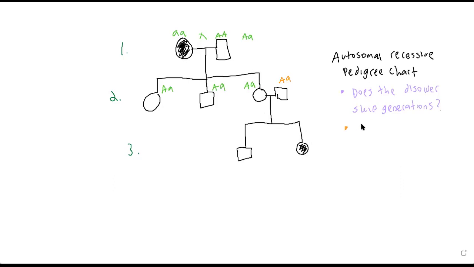So another sign that this is an autosomal recessive disorder is the question: do two phenotypically normal parents have an offspring with the condition?